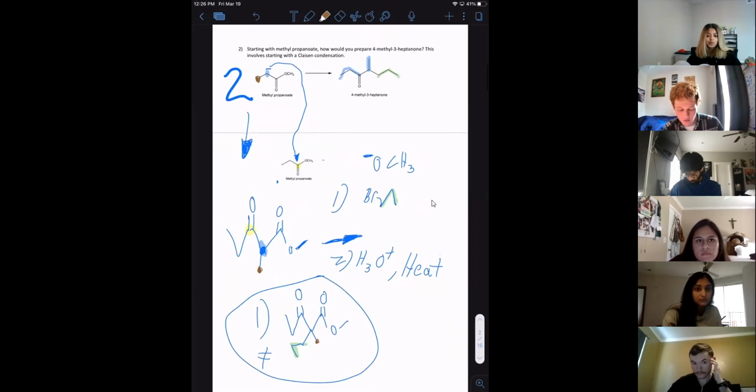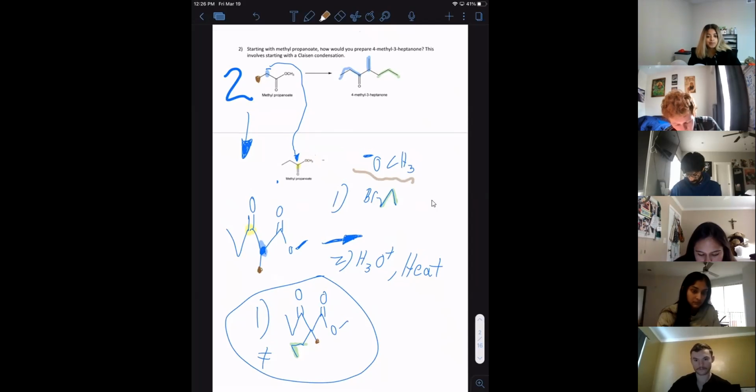Second part here, we're starting with methylpropanoate, and then seeing if you can prepare this other thing they have written. They've told you that it's going to involve a Claisen, so you need to make sure that you include this as your base because you have a methyl ester this time. You need to make sure that you have the methoxide.